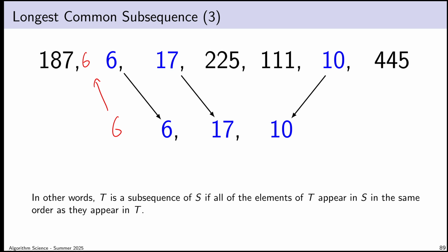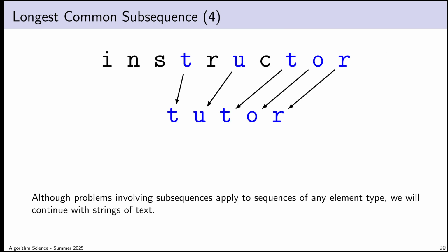The same number of things have to occur inside of S as inside of T. And of course, as this example illustrates, there is no requirement that a subsequence be a consecutive subsequence. Only that if I go from left to right through the smaller sequence, I do find every element in a left to right traversal in the same order in the larger sequence.